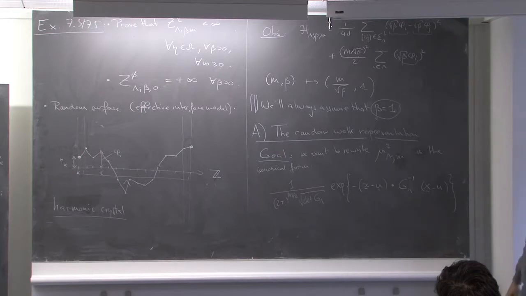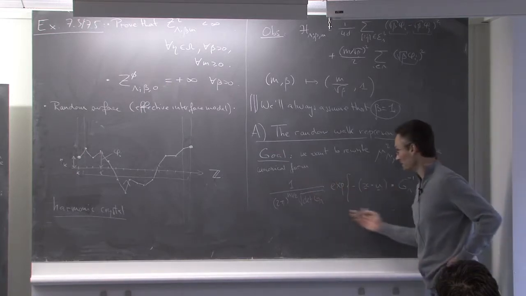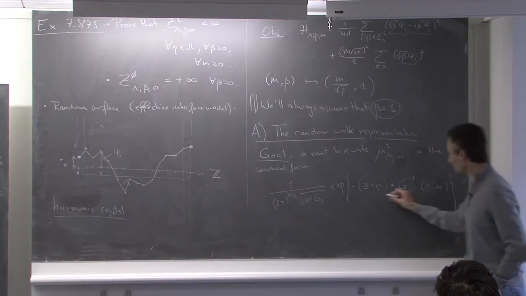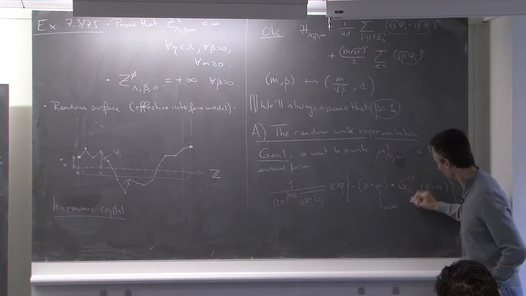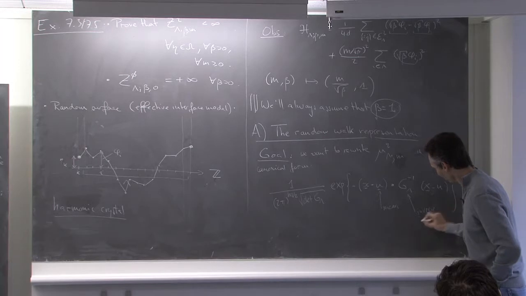So that's the standard form for the density of a Gaussian random vector. Here you have the mean, and here you have the inverse of the covariance matrix.